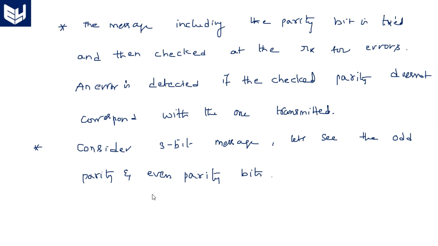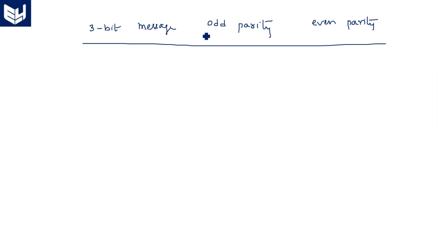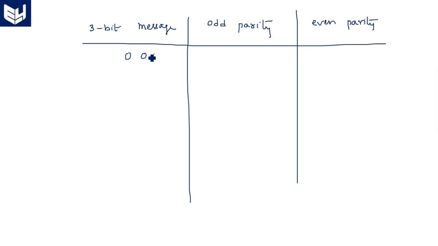That means what should be the bit in the odd parity and even parity, and its corresponding odd and even parities. We know a 3-bit message means 000 to 111.